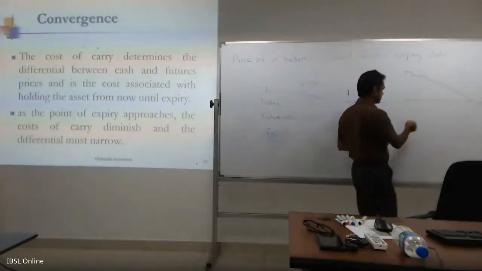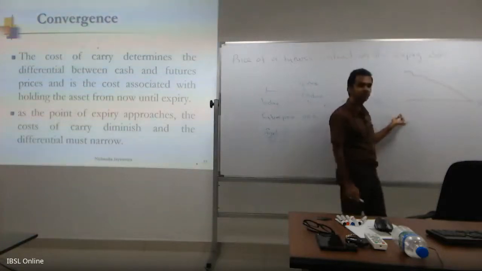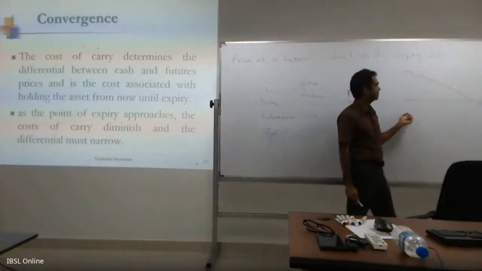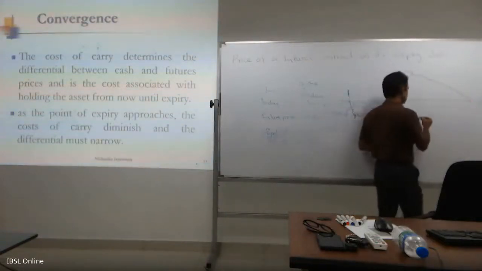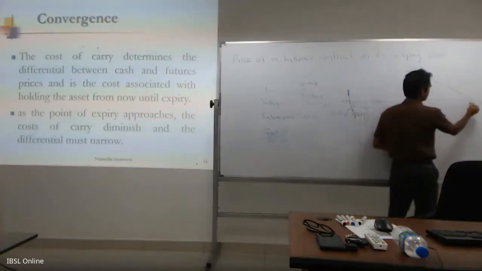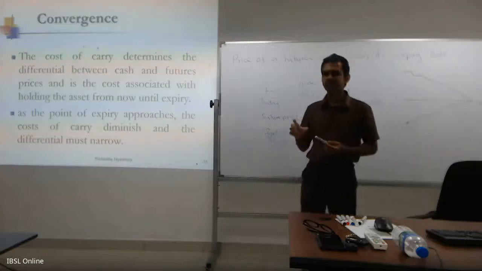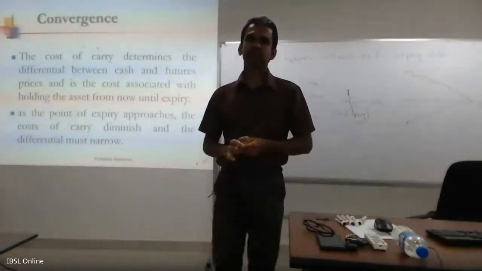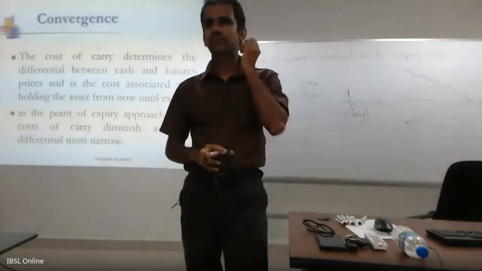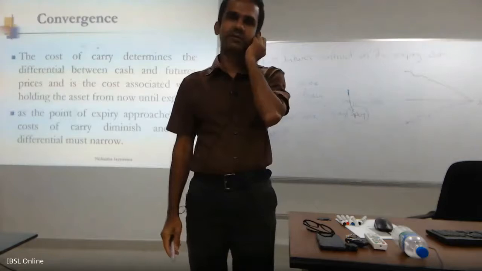The same thing would happen in a backwardation market. Even though it's at a lower level, on the maturity date this should gradually come to the spot. That is what we call convergence. Converge to the spot price.